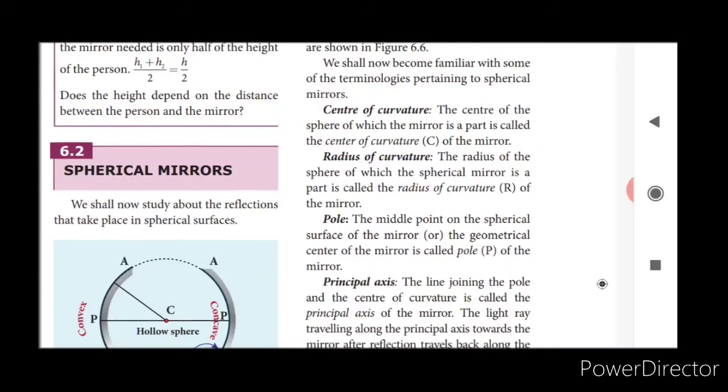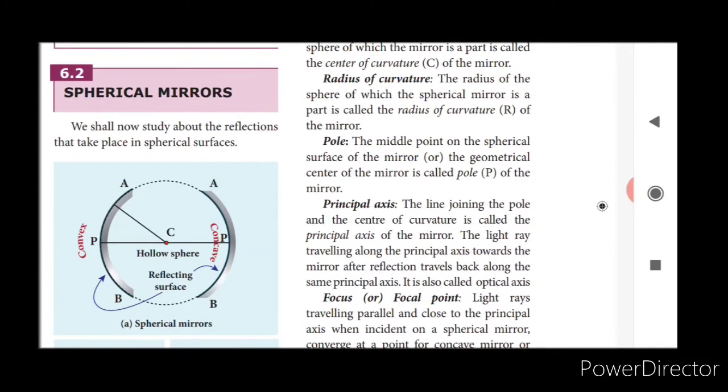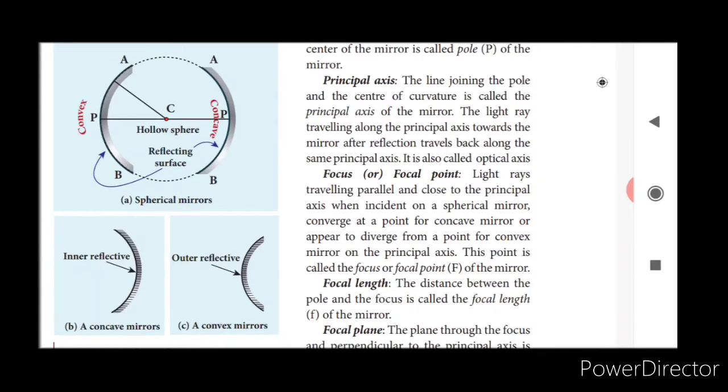Spherical mirrors have a spherical shape, and here we have two types of mirrors: one is the concave mirror, the other is the convex mirror. The concave mirror has an inner reflecting surface, like when you take a spoon, the inner side is called concave.